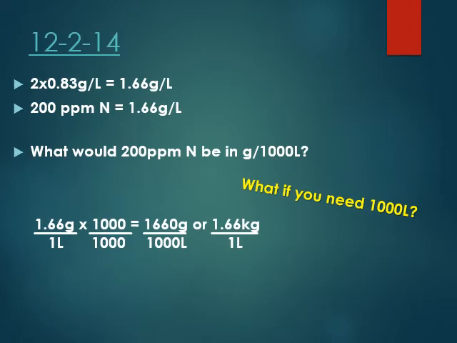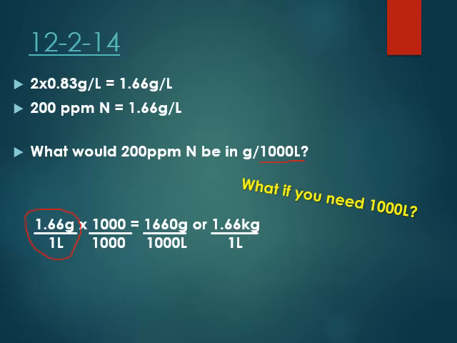What would it look like if we wanted 200 ppm in 1,000 liters? Let's say we're mixing up a big tank in the field to fertilize our nursery. So there's our 1.66 grams in 1 liter times 1,000 over 1,000.